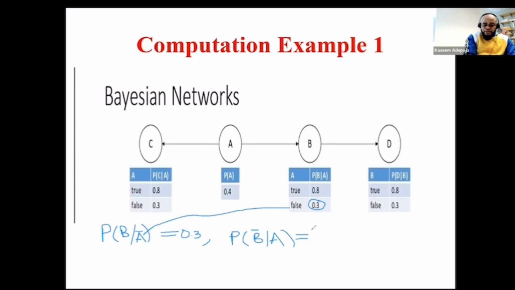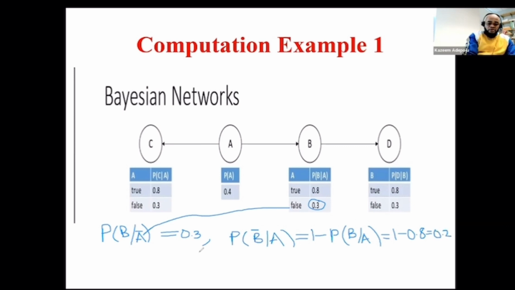So you're going to use the complementary law, which is the probability of B given A, and this and the complement are complements of each other. This guy here is 0.8, so it's going to be 1 minus 0.8, and that will give 0.2.